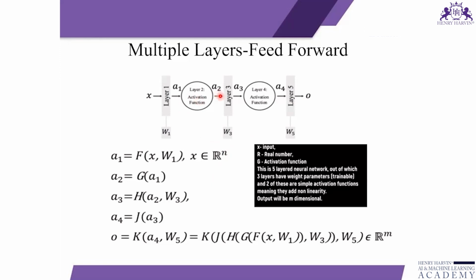Similarly, the output of this is then put into the next layer, which is then again a learnable layer 3, and we get the output A3. Then this output is put into the activation function, and finally the output of the layer 4. Then we put it into the function K. So finally we are getting the output. The output is represented as O over here. Clear? So this is the forward propagation.